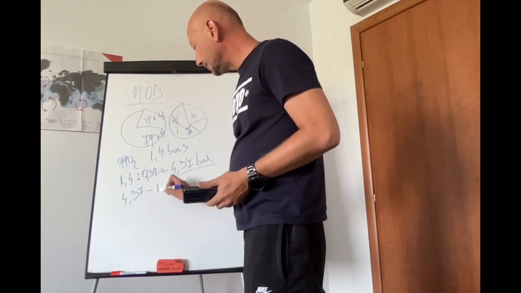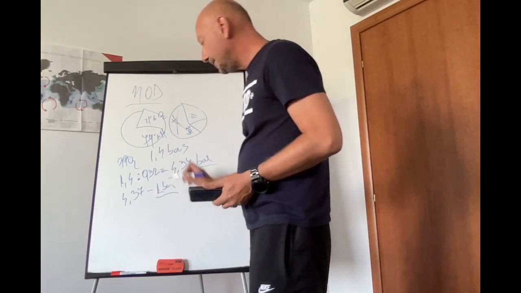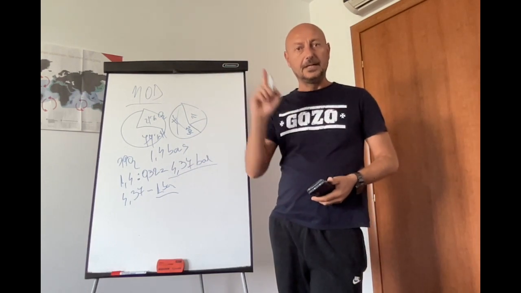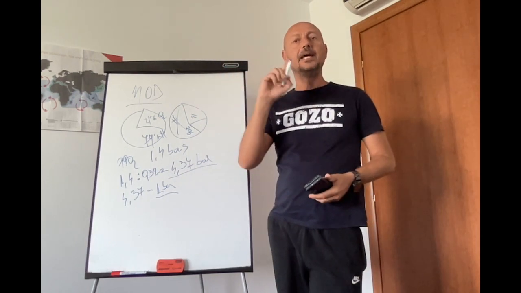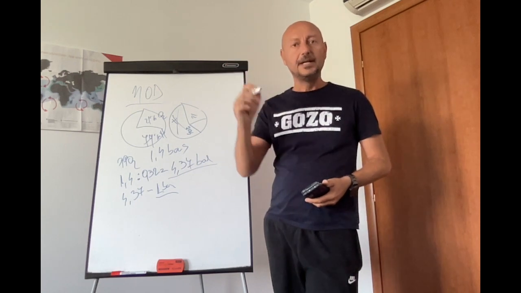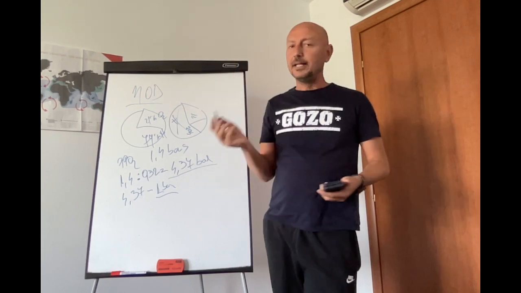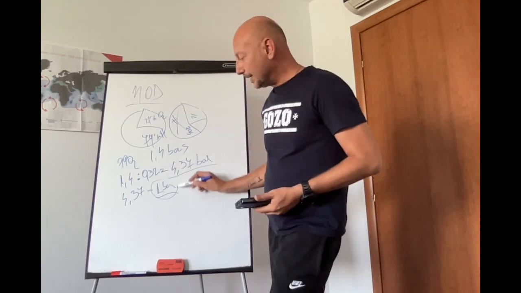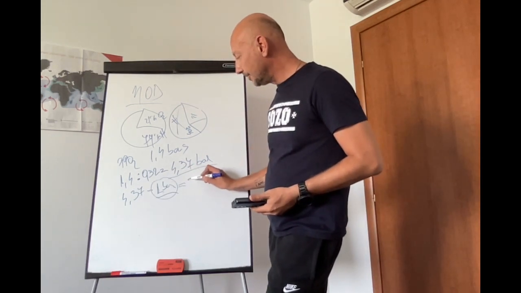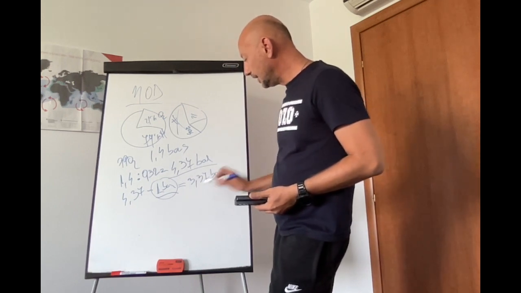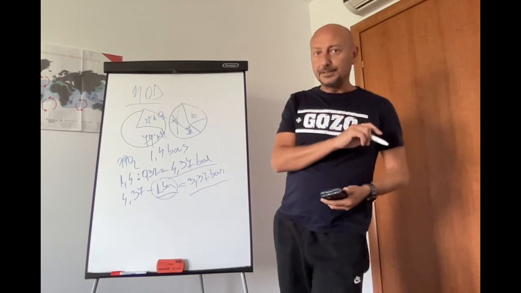4.37 minus 1 bar. This is ambient pressure, surface pressure, air pressure, pressure above the water, at not more than 300 meters altitude. It's 1. Then we have 3.37 bars only of water.